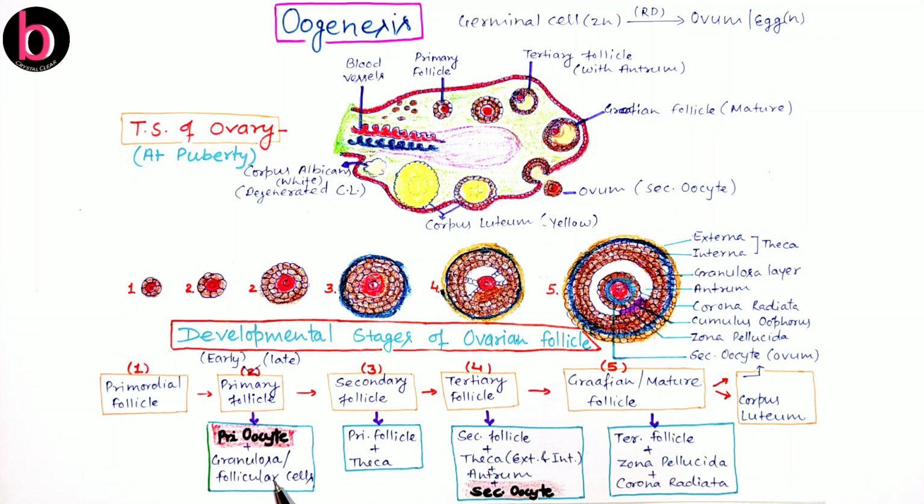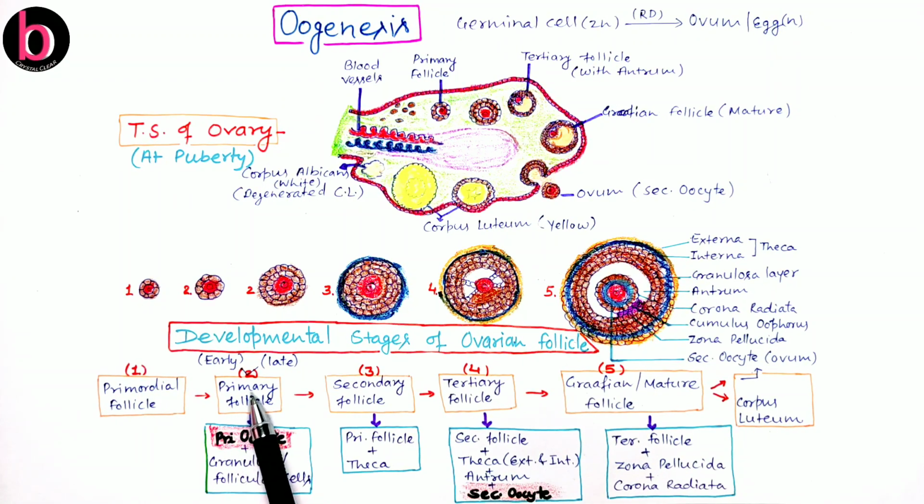A few of the follicular cells get covered around the primary oocyte and form the primary follicle. In the primary follicle there are two subphases, early and late. In the early phase there is a single line of granulosa cells, while in the late phase there is more than one layer of granulosa or follicular cells.